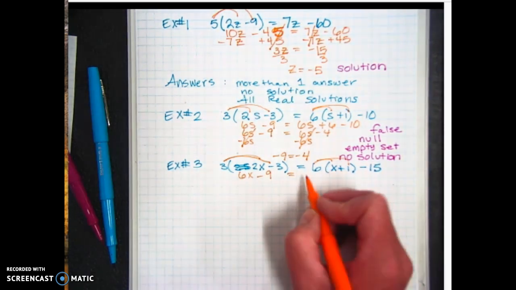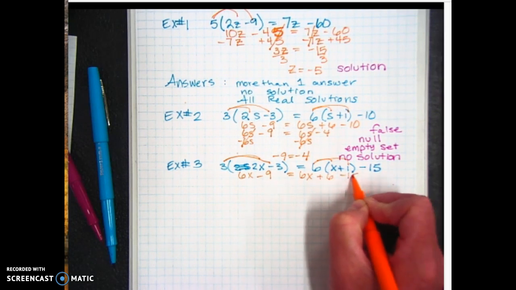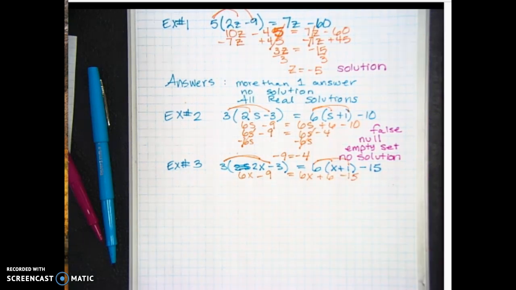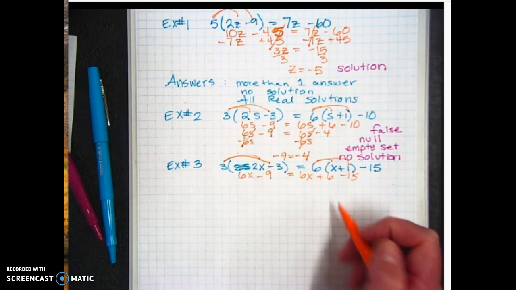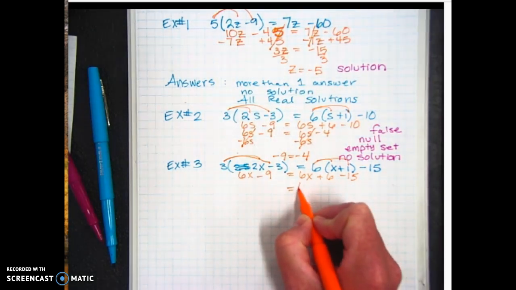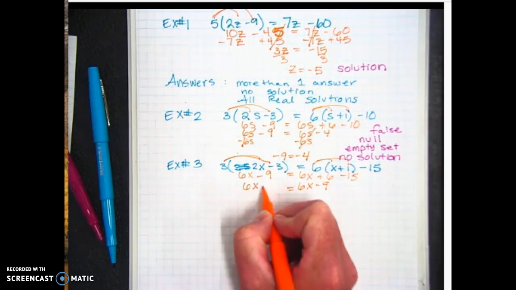Over here we have 6 times x, which is 6x, and 6 times 1, which is 6, and then a minus 15 more. And again, you can already see the problem starting to arise. But let's simplify. 6 minus 15 is what? Minus 9. So we have 6x minus 9 over here, and we have 6x minus 9 over here.